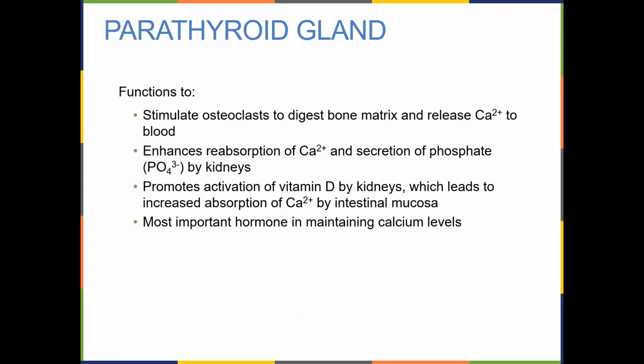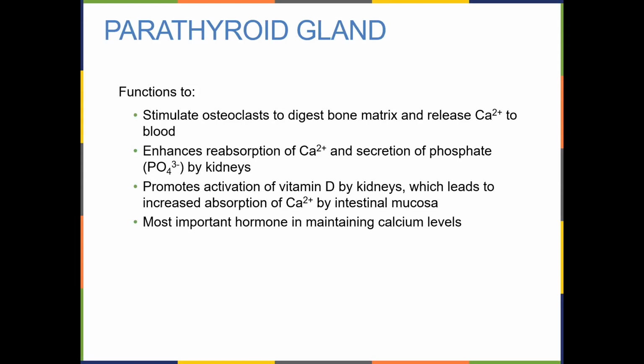The kidneys activate vitamin D. Vitamin D comes from our skin after it's been exposed to ultraviolet radiation. We produce the inactive form of vitamin D, our kidneys activate it, and then vitamin D allows us to absorb calcium in our small intestine.